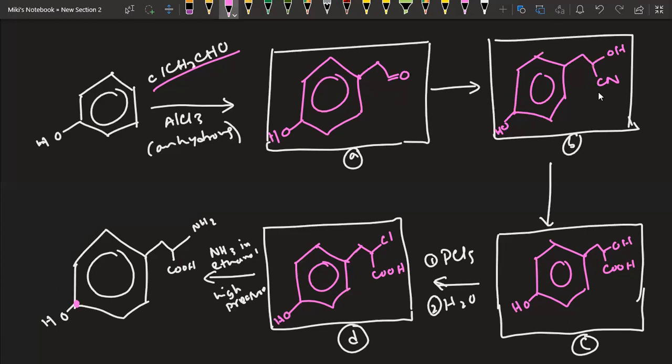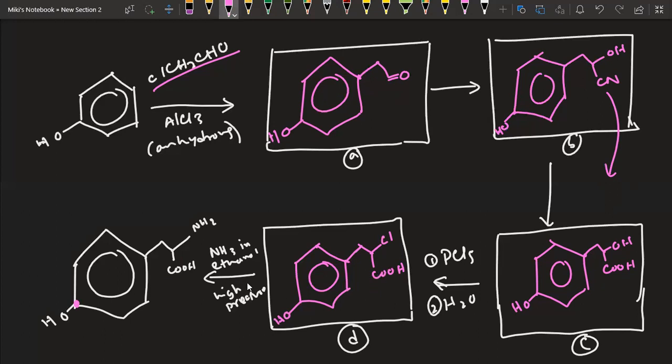See, an additional carbon came here, the third carbon appeared here. Now from here, when we do further reduction or hydrolysis, carboxylic acid is generated. From there, when PCl5 is added with water, the alcohol is replaced with chlorine and carboxylic acid remains what it was.